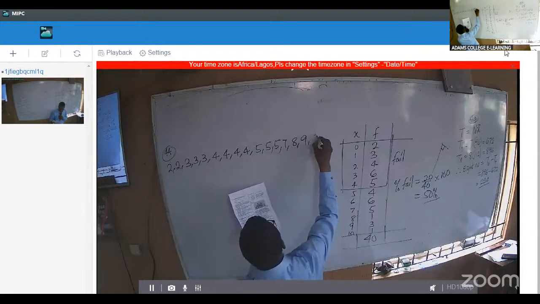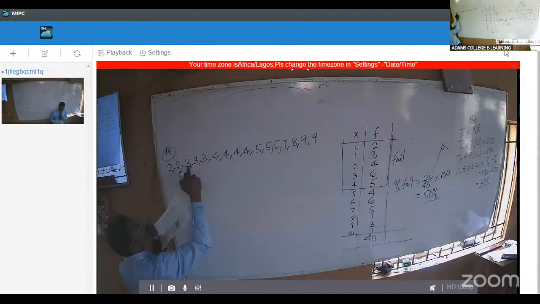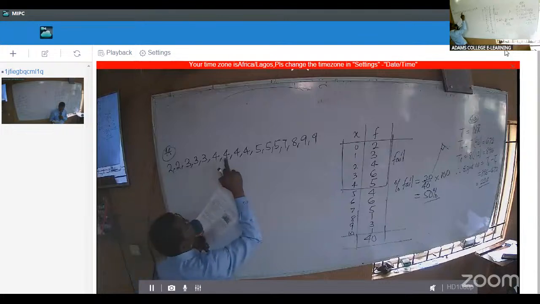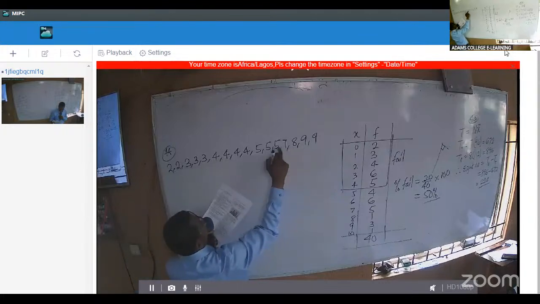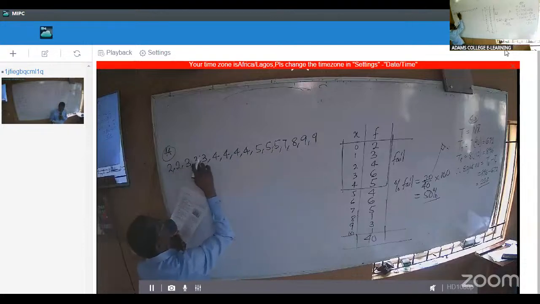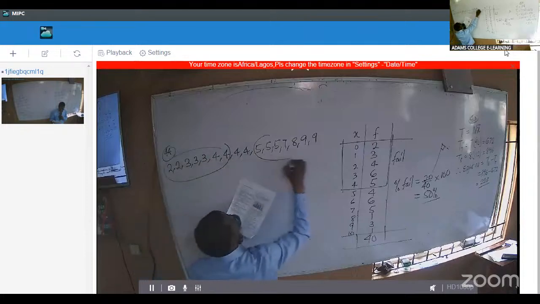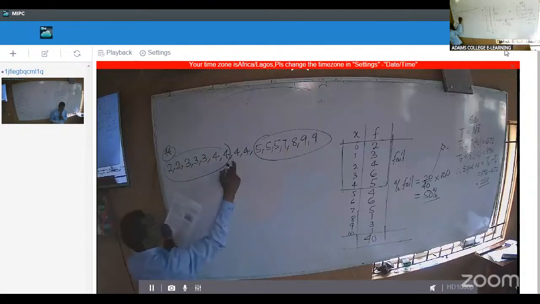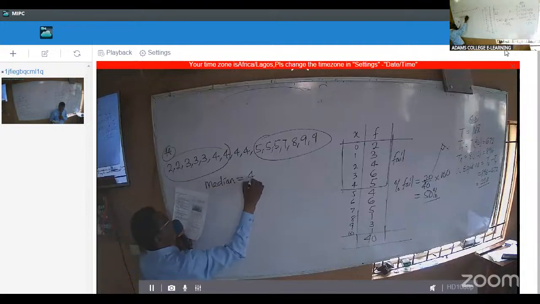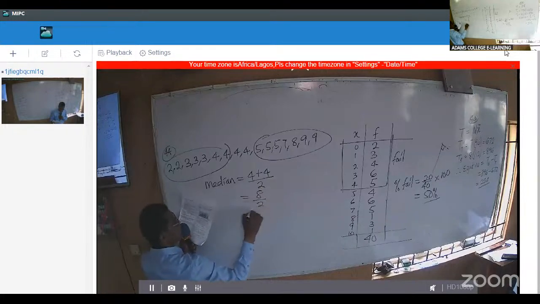How many are there altogether? 7 on each side, so these 2 are the middle. We add them and divide by 2. Median: 4 plus 4 is 8, over 2. What's the median?